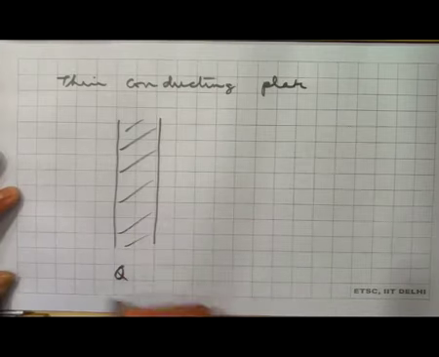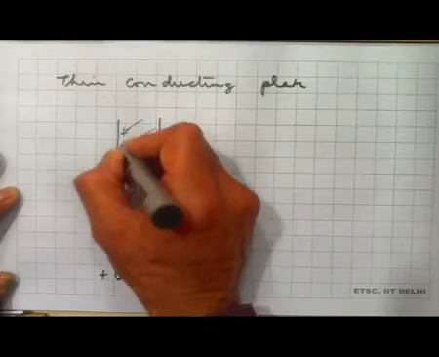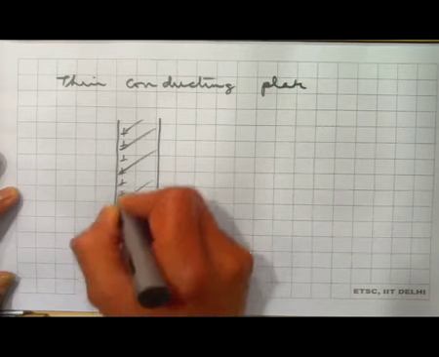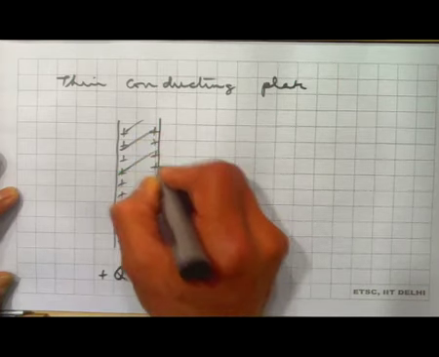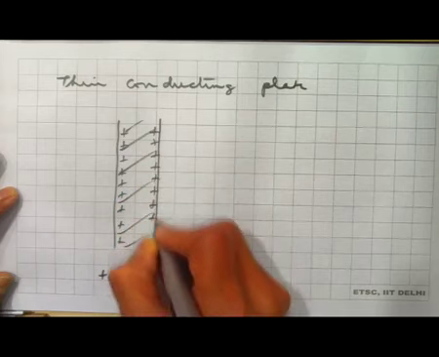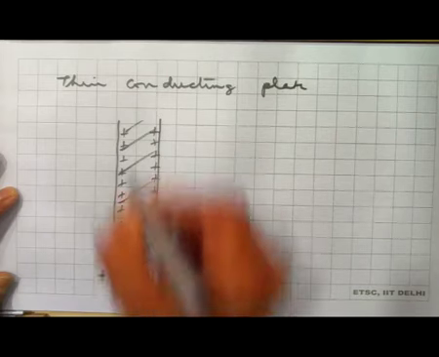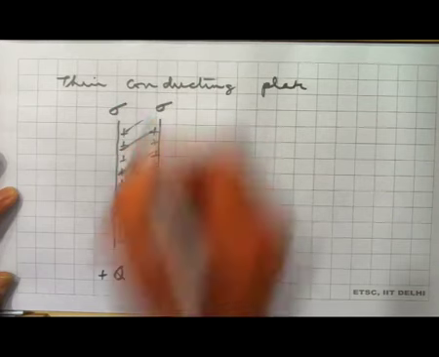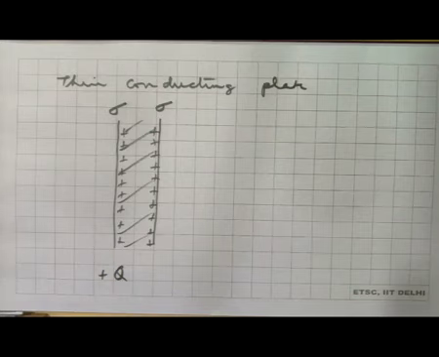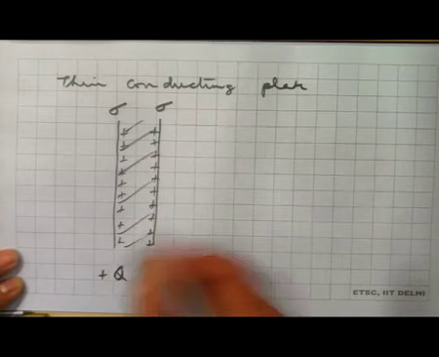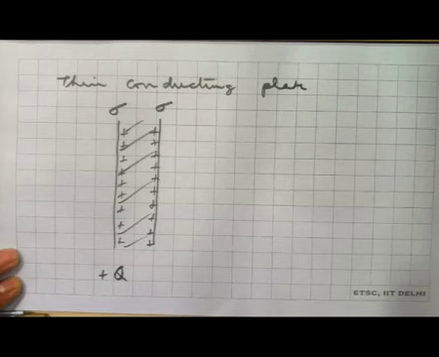As we discussed before, if this is plus q, there are plus charges sitting on this surface, and there are plus charges sitting on this surface. So, it produces some surface charge density sigma here and sigma here, and everywhere it is positive charge. Assume that this is a very huge, thin plate, and I am neglecting the ends of the plate and assuming that there is a surface charge density sigma on the left surface and a surface charge density sigma on the right surface.